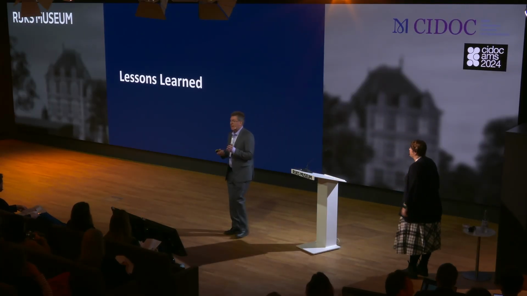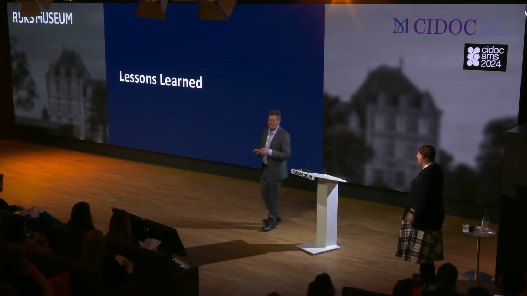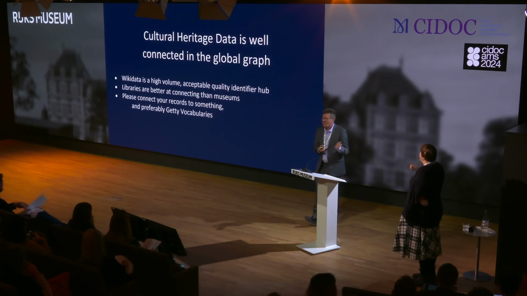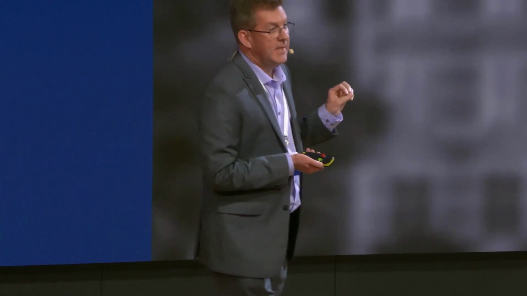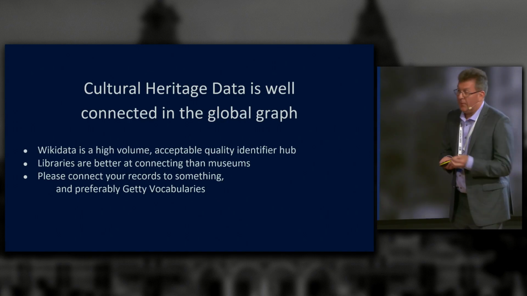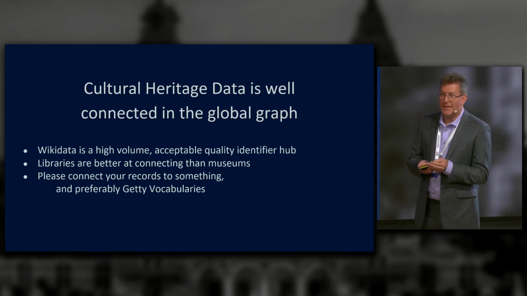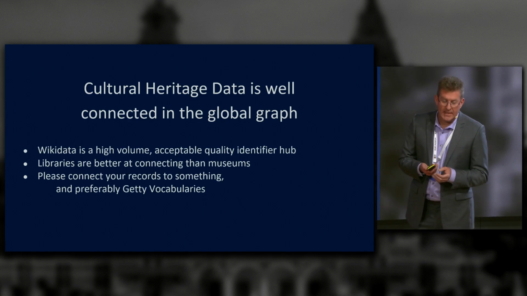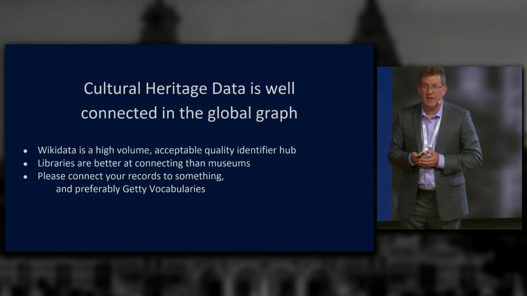So, lessons learned, and I have 8 minutes, so I can go into some great detail if you want. So first of all, we found through this process that the cultural heritage data in the global knowledge graph is actually very well connected, right? Libraries, museums, and archives have used Wikidata, the Library of Congress has reconciled with OCLC, VIAF, and FAST, ULAN, of course, and so on and so forth.